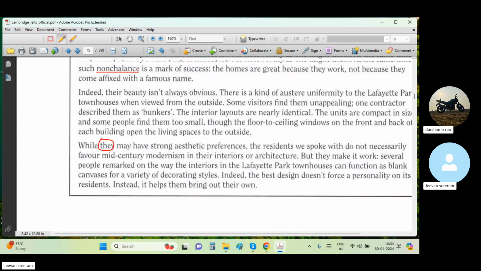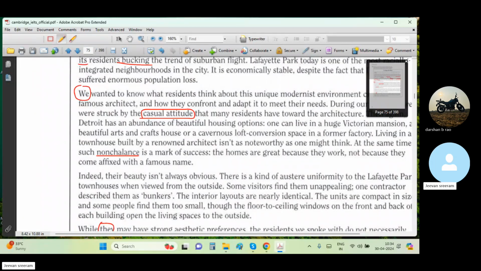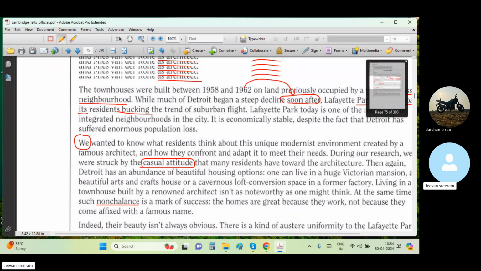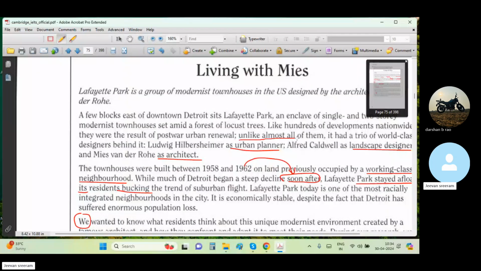It has a uniqueness. So, is it true or false? Yes, no, or not given? Of course, it was special because it is unlike almost all of them. It has a unique quality. The reason is it had a trio of world class designers, right? So, it was special.